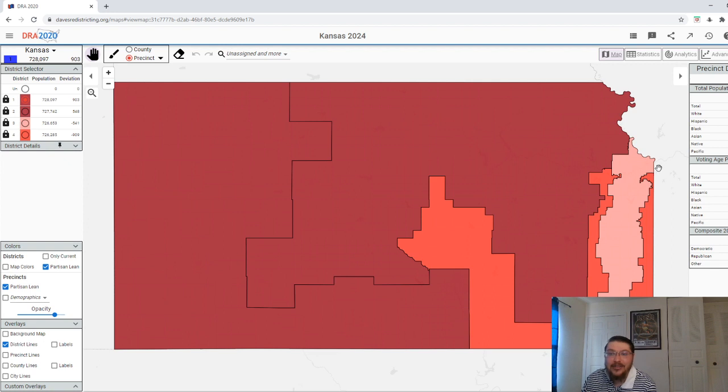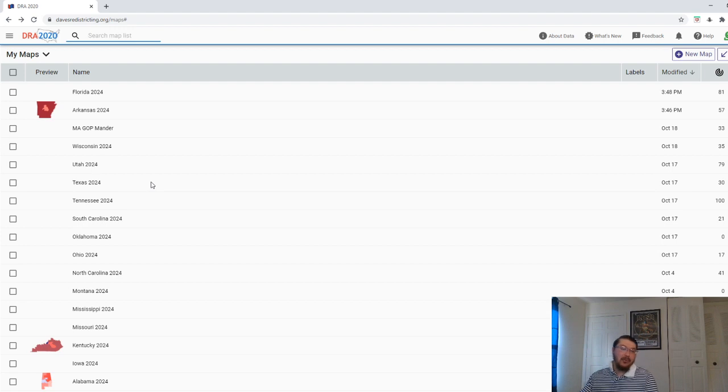And this was the only way I could get 4 Republican districts, and the third is still competitive. But yeah. So that map would almost certainly get rejected.